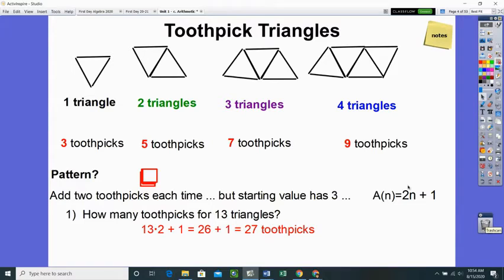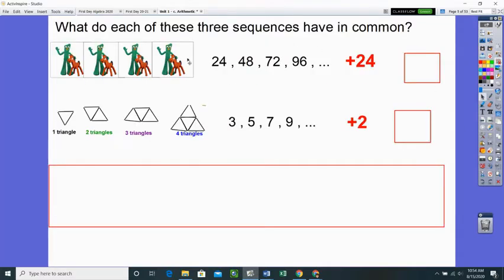So these are both what are called arithmetic sequences. So we need to tie these ideas into what that means. Well, what you're going to notice in each case is the sequence always adds the same number between terms, whether it's a 24 or whether it is a 2, you're always adding the same number.